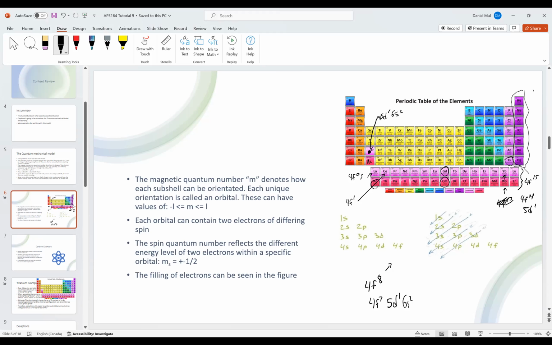Also, when you use 0, should we always be putting the 0, like for this one here? No, you don't need to write it. The actual thing for lanthanum is 5d1 6s2. You don't need to write it, but that's what it is if you think about it.